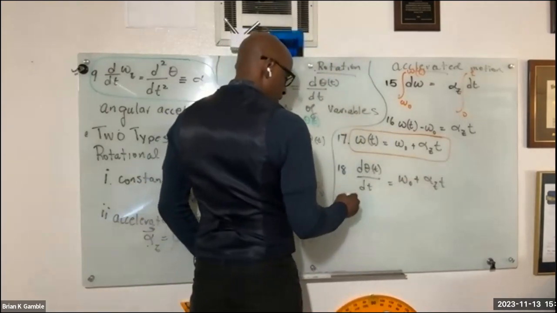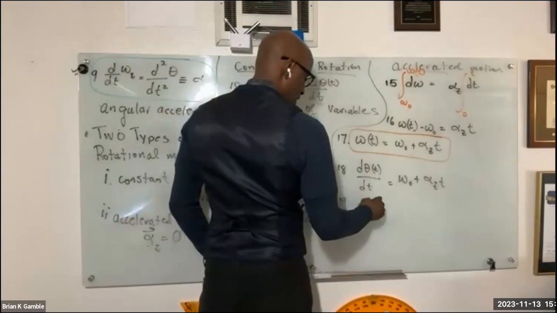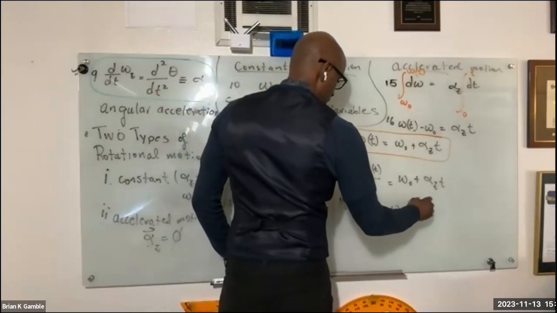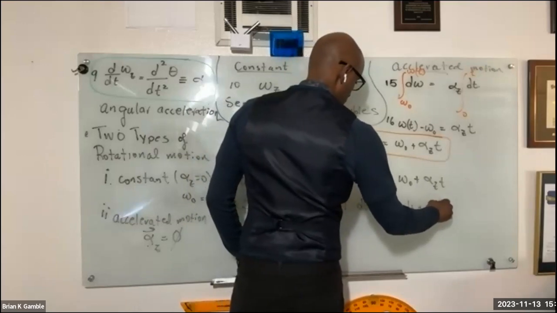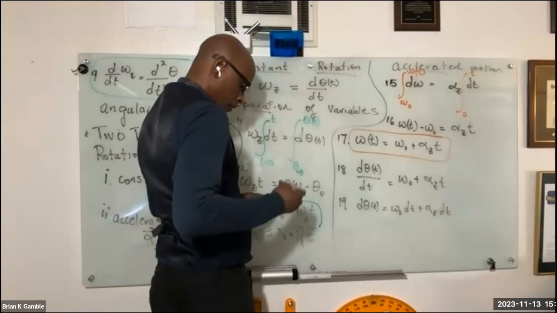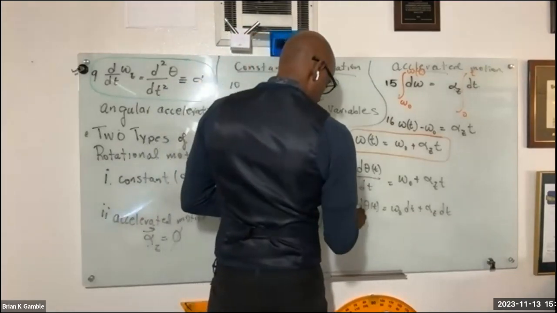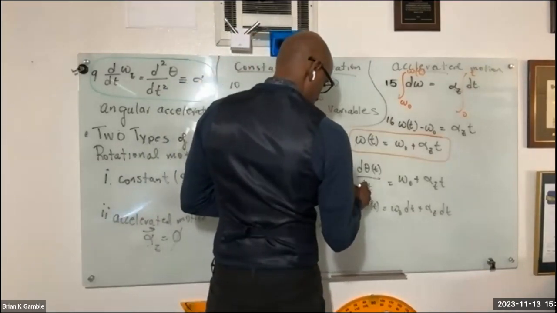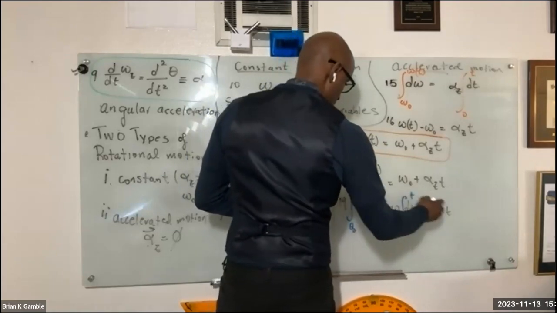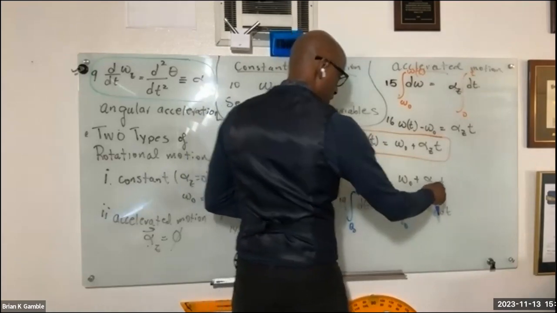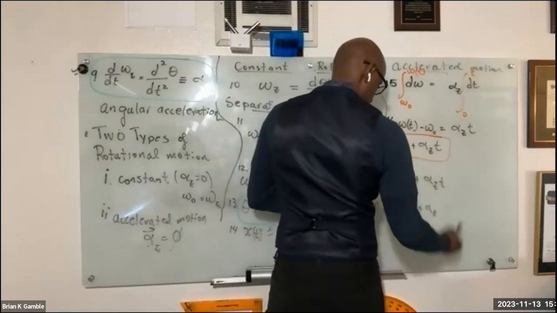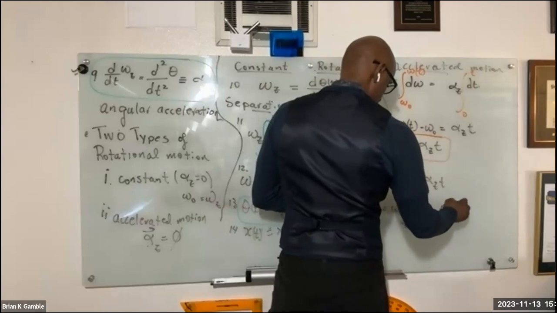Multiplied through by dt, d theta of t is equal to omega naught dt plus alpha z t dt, and then just integrate again. Integrating from theta naught to theta of t, and this one 0 to t. Oh, sorry, there's a t in there. I left that off. That's a t dt.